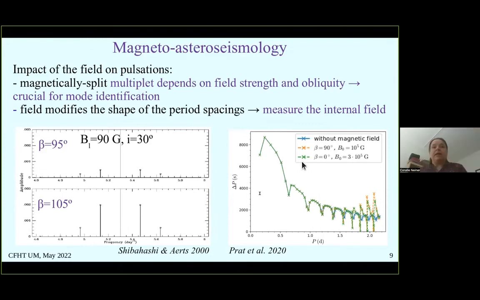Okay, yes. The field also modifies the shape of the period spacing of the pulsations. So here you see in blue the curve of the period spacing without the magnetic field, and orange and green show what happens if there is a magnetic field. So in fact, looking at this pulsation tells us something about the strength and geometry of the internal magnetic field.